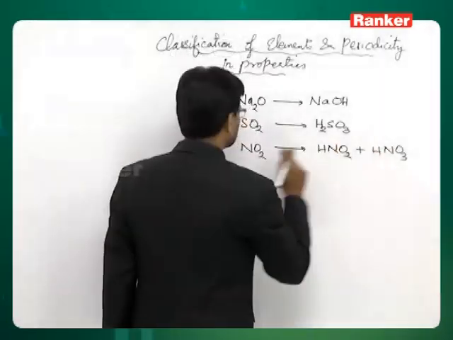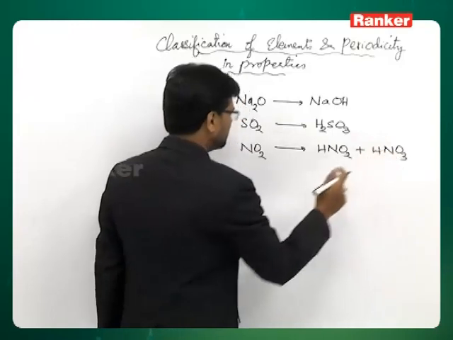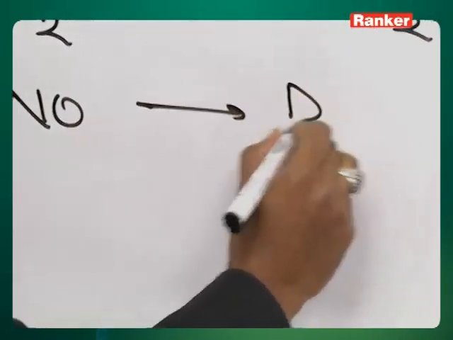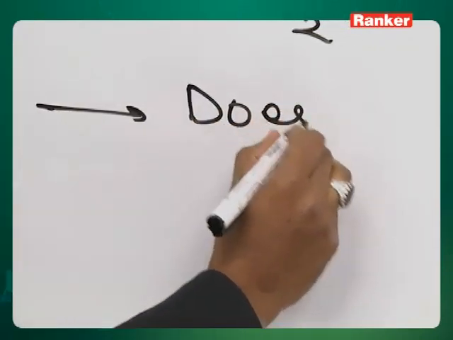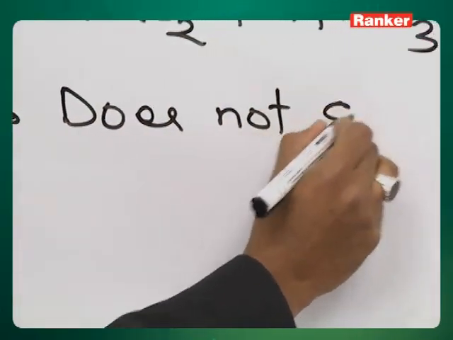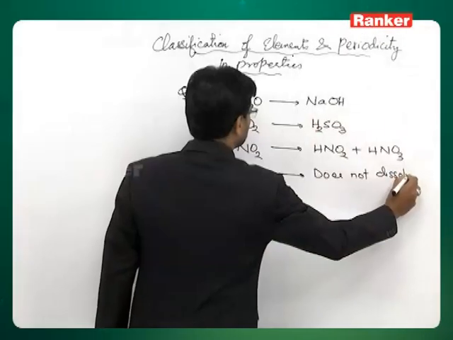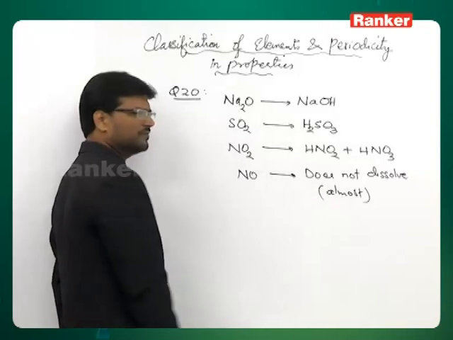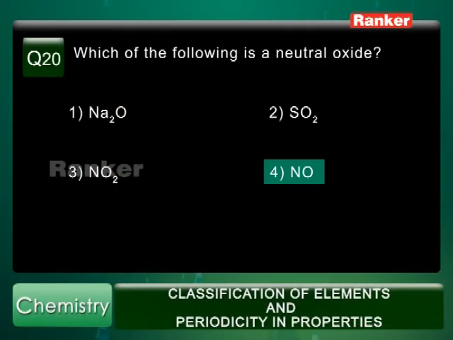That means it is a mixed anhydride of nitrous acid and nitric acid, whereas NO does not dissolve. It is almost insoluble in water. The solubility is very low. It is a neutral oxide. So, the correct answer is fourth option, NO.